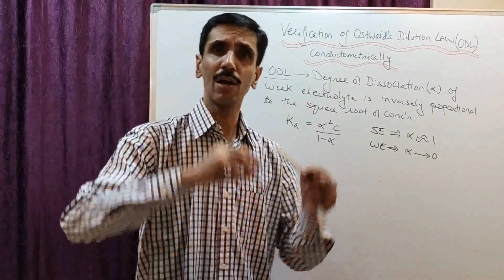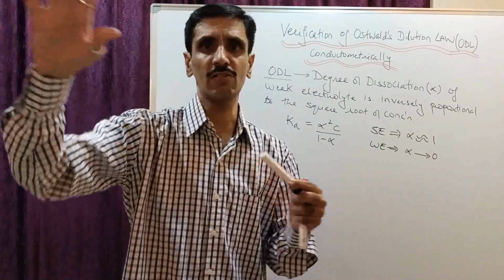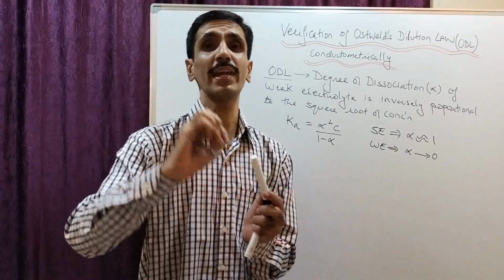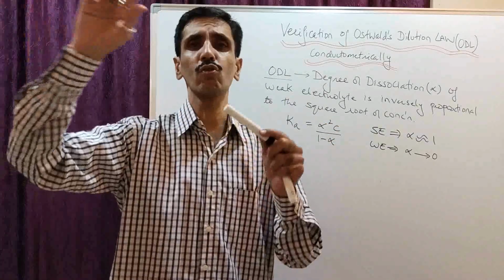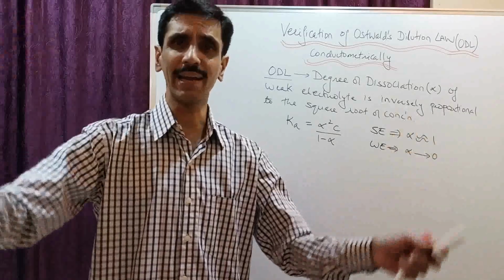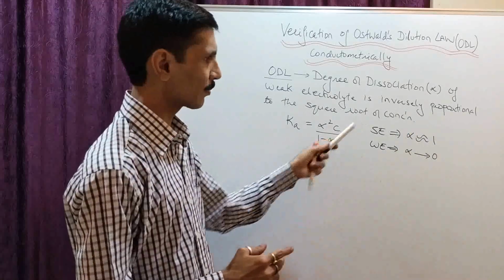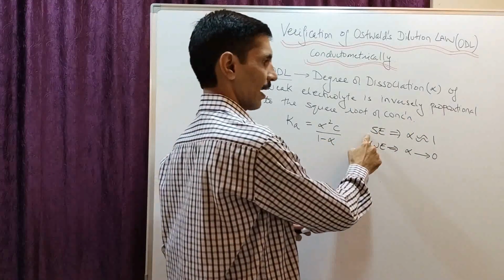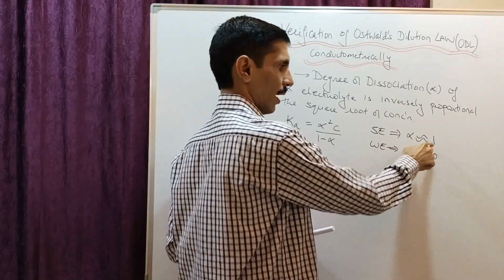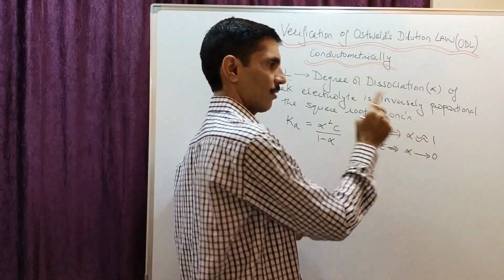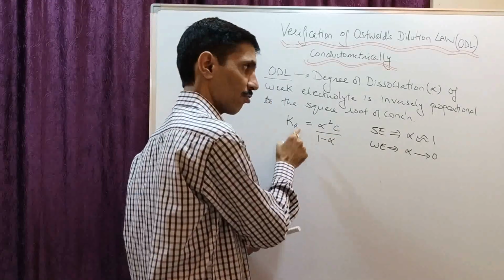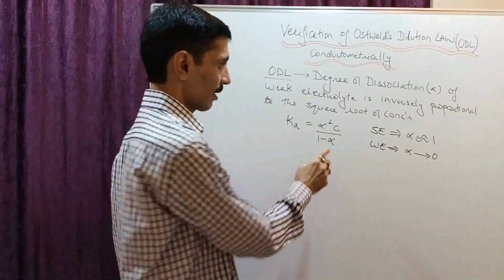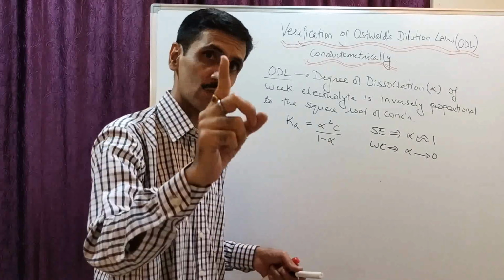A strong electrolyte has almost complete dissociation, so the value of alpha is very close to 1. Even if it is not exactly 1, it is very close to 1: 0.8, 0.9, 0.95 and so on. This you have to remember. So if I am going to apply this for a strong electrolyte, I will substitute the value of alpha as 1.